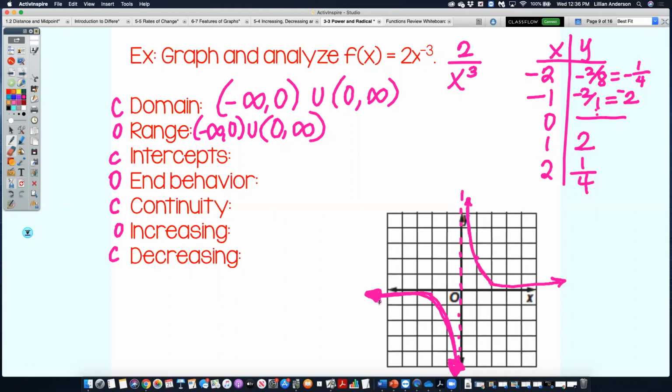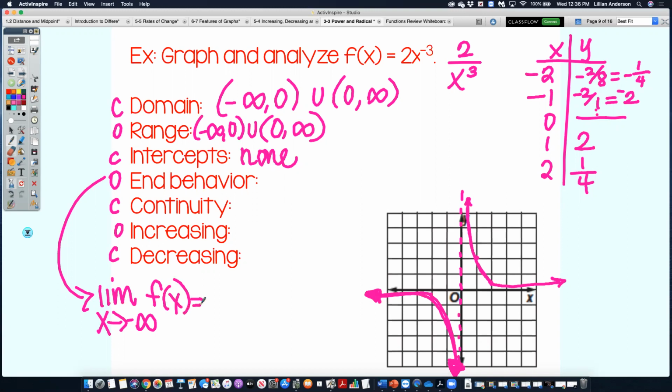Intercepts, Jackie. There are none. There are no intercepts. End behavior: the limit as x approaches negative infinity of my function is equal to what, Brandon? As x is getting closer to negative infinity, what's happening to the y's?